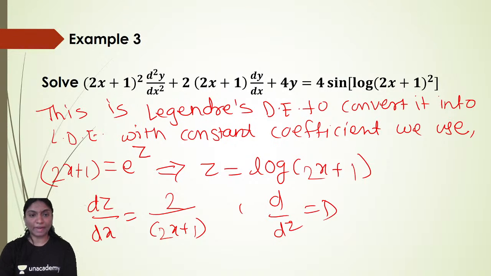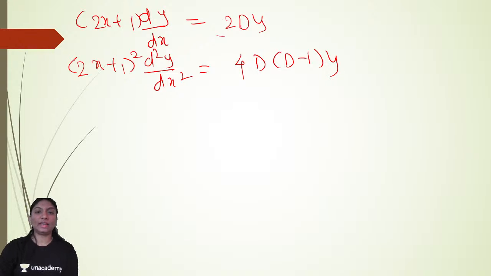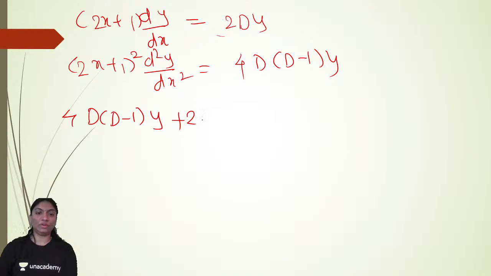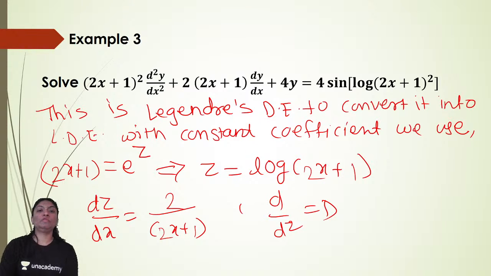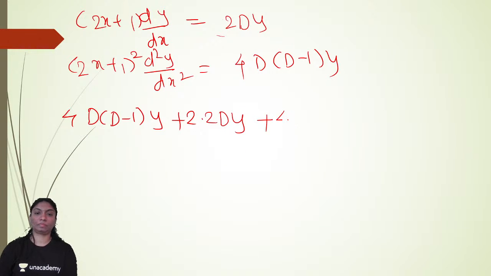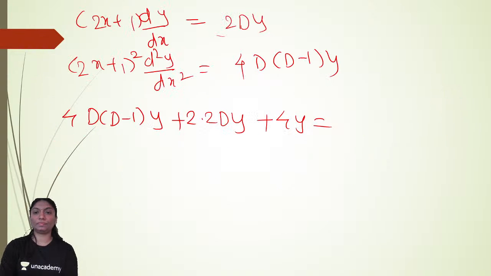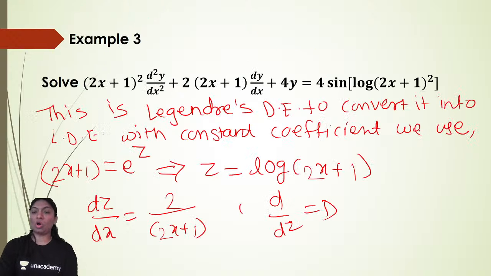(2x plus 1) square d2y by dx square, we can write 4 into D into D minus 1 of y, plus 2 into (2x plus 1) dy by dx, which is 2 Dy, plus 4y is equal to 4 sine of log of 2x plus 1.